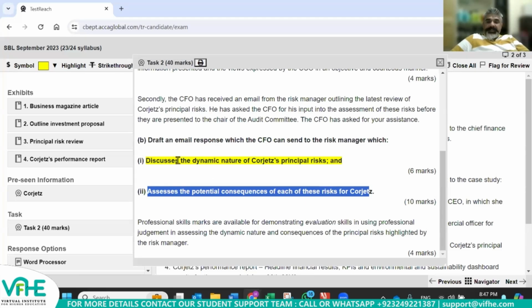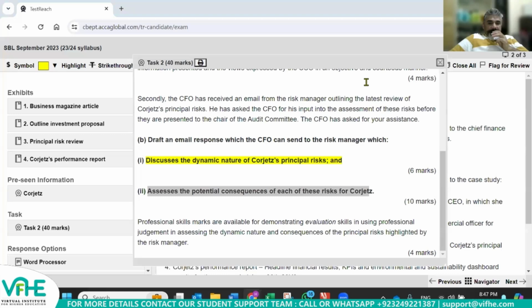This one doesn't want recommendations, but let's say 10 plus 6, 16 plus 4 professional marks, 20. 20 divided by 4, I have to identify 5 risks and their consequences. 20 divided by 4 is 5 because you also have to include professional marks. All right. Is this clear, guys?